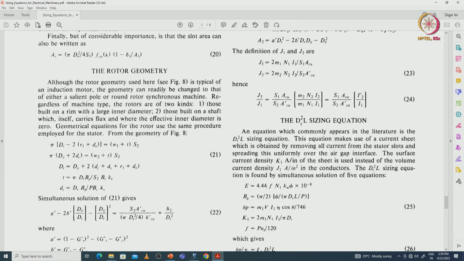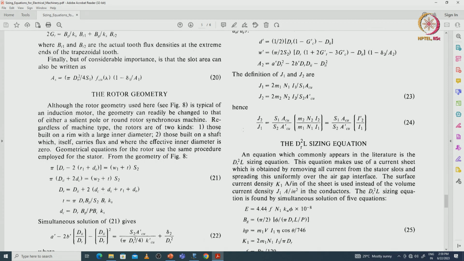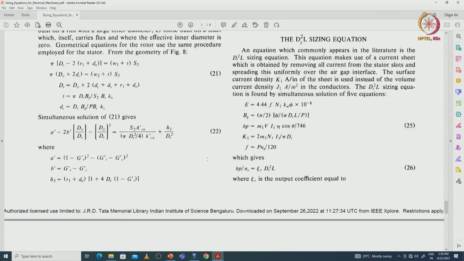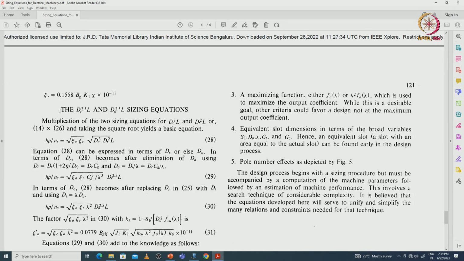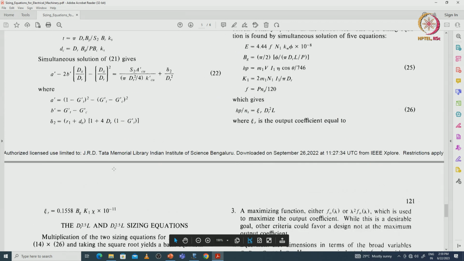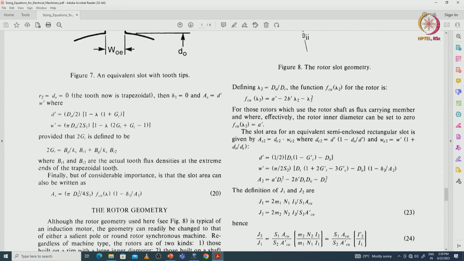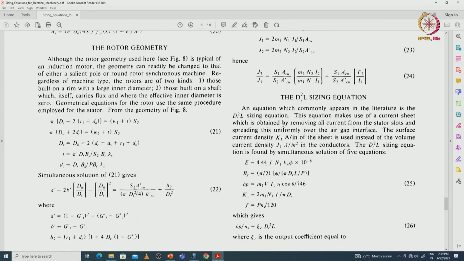If anyone is interested, they can go through this reference paper and find the output power equation in terms of rotor slot geometry. We can see here the final output power in terms of rotor slot geometry, d power 2.5 L and d cube LE equation also.